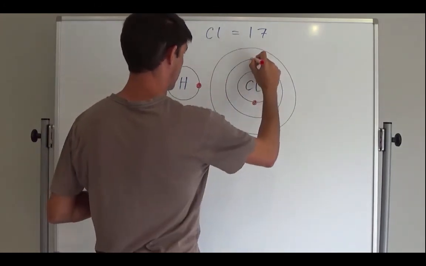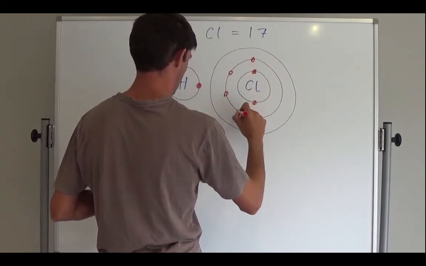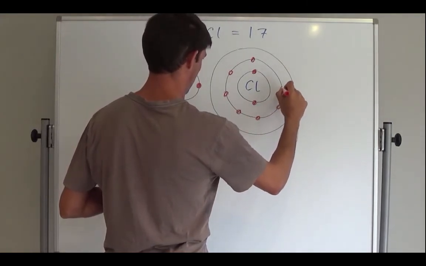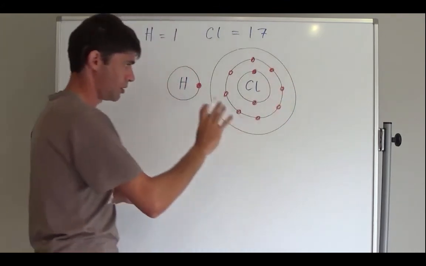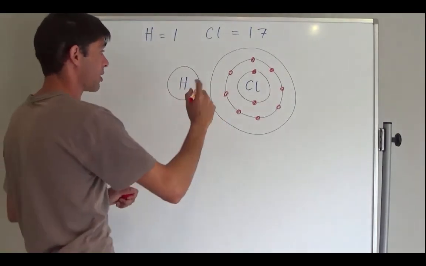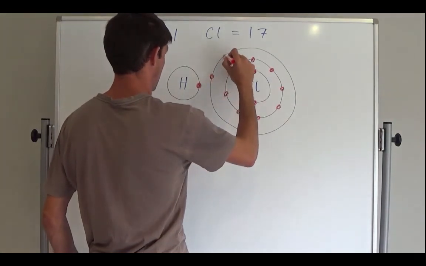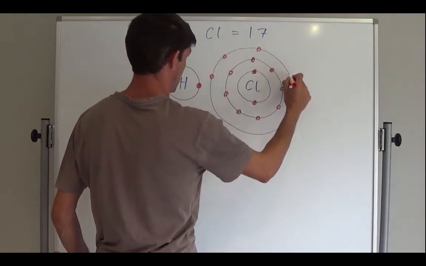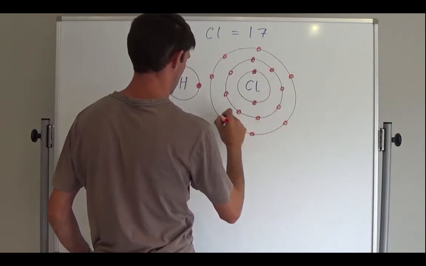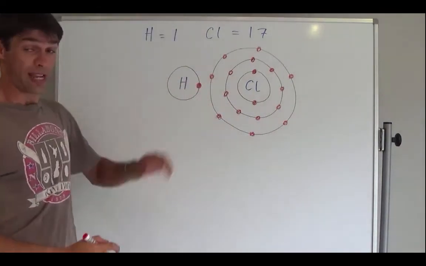Next shell, we have our 8 electrons. That gives us 10 so far, so we've got 7 left over for the last shell. So that's what each individual atom looks like.